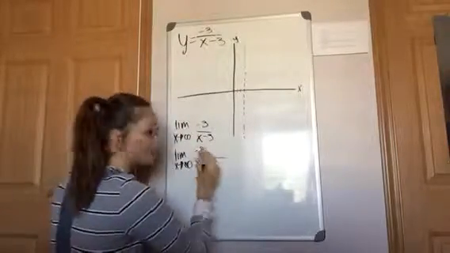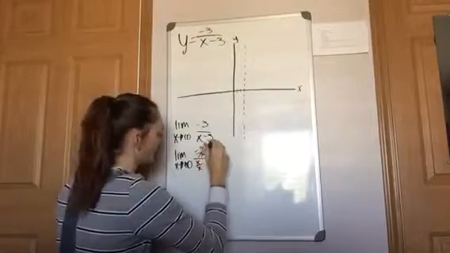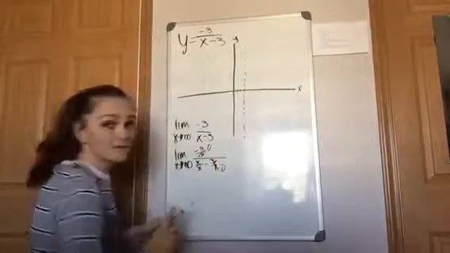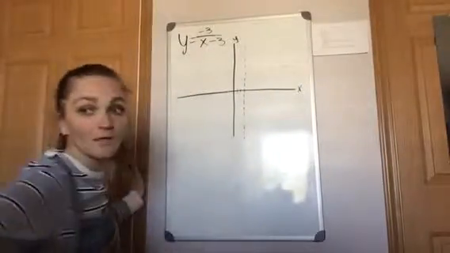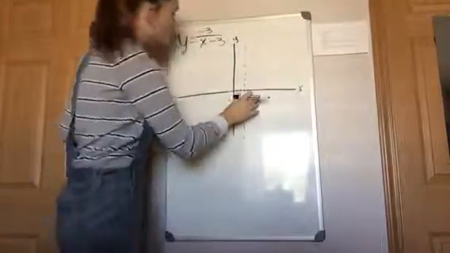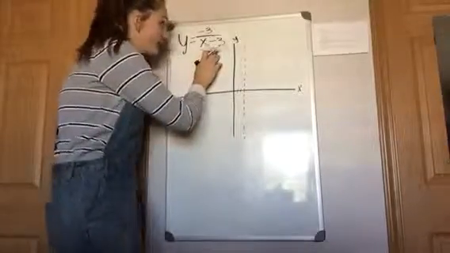Let those go to infinity. That zeroes out, that zeroes out. So we get 0, which is our horizontal asymptote. So now we just need to draw this.